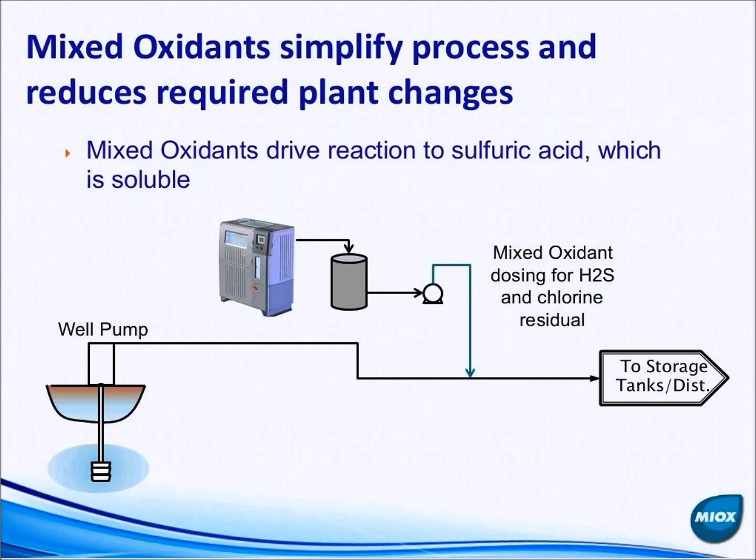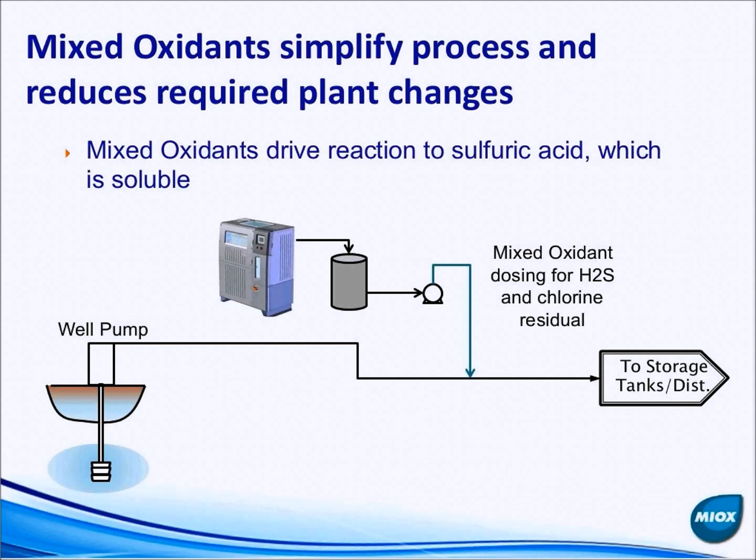So you can actually use your well pumps to drive through, to dose right into that stream and go straight into your distribution system. And frankly, for most well supplies that haven't been forced to filter or have other issues, this is normally what we'll see.